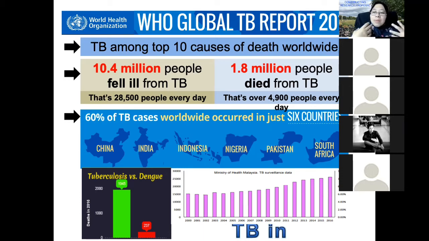Just now I mentioned Ganoderma, so I read reports from NPOB. Now for the TB problem, I read reports from WHO and from the Ministry of Health, so that I can justify it is a real problem that we should work on. Right, next one.